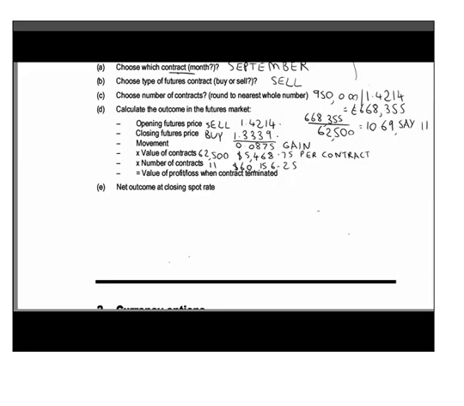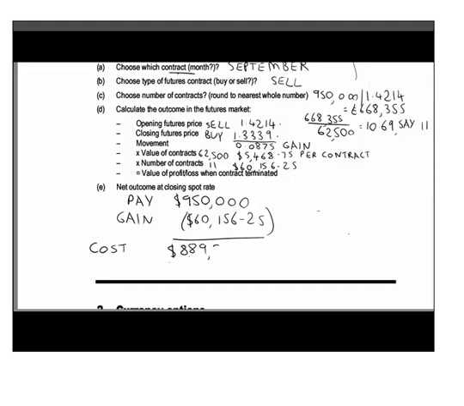But we can offset against that the gain on our futures transaction, which is $60,156.25. That is going to give us a total cost of, let's call it, $889,844.